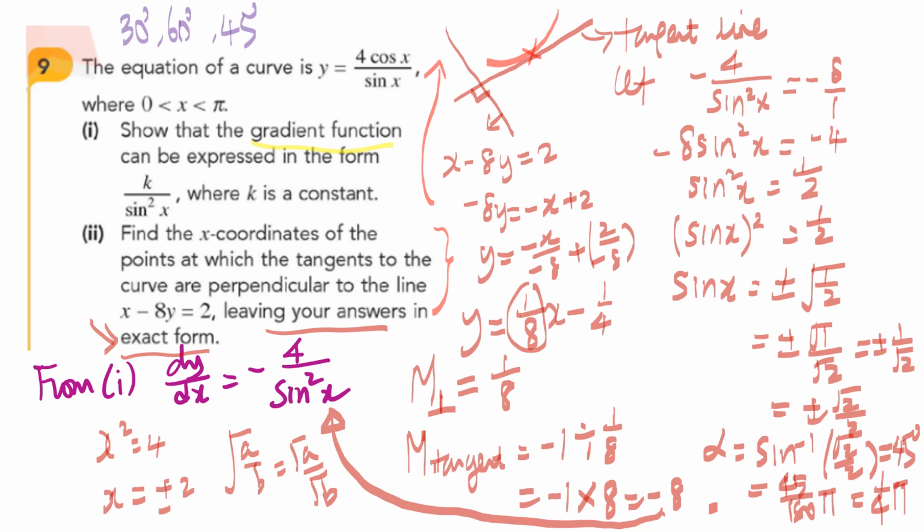All right. So now you know the value you would have, if you recall your ASTC, sine positive, the value when sine x is positive is in the first and second quadrant, but because you have plus minus here, meaning that the values of x will come from all the 4 quadrants.